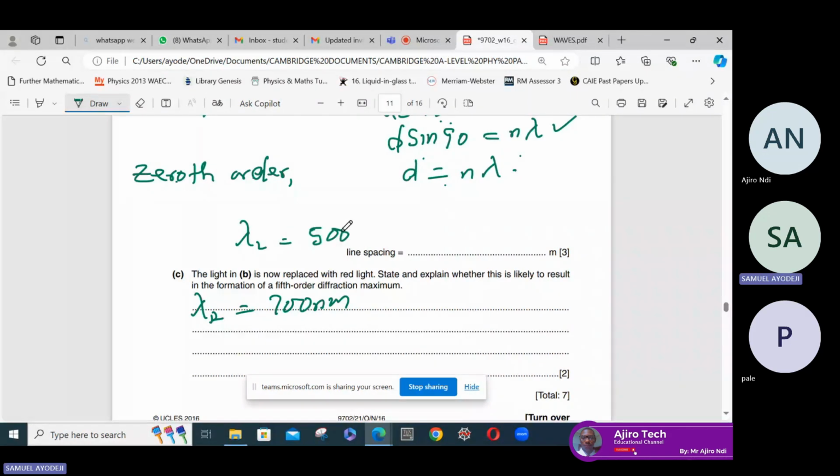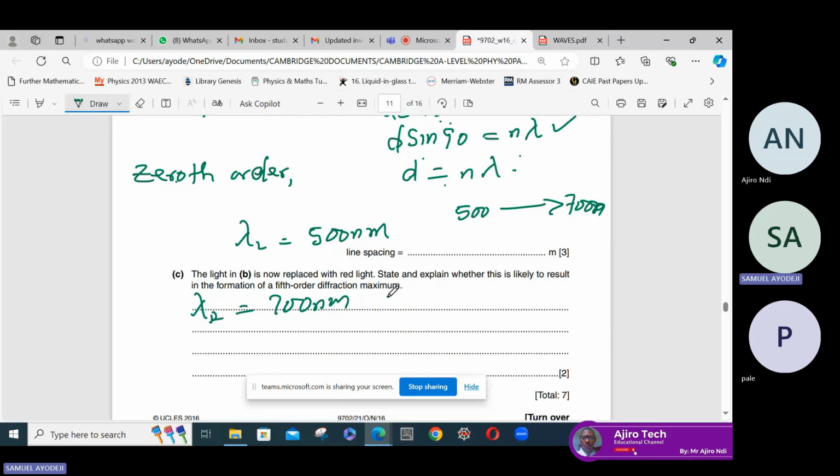Does it increase or decrease? It increases, moving from 500 to 700. So the wavelength increases.